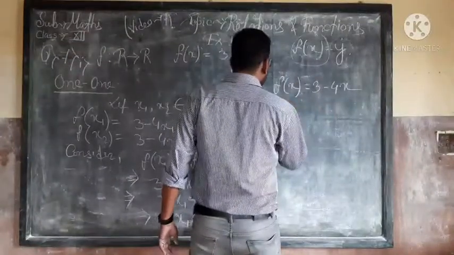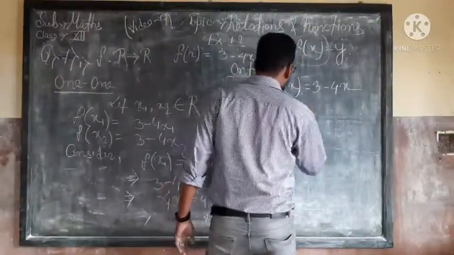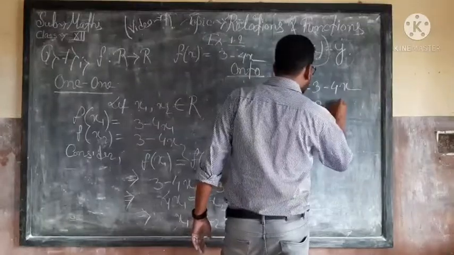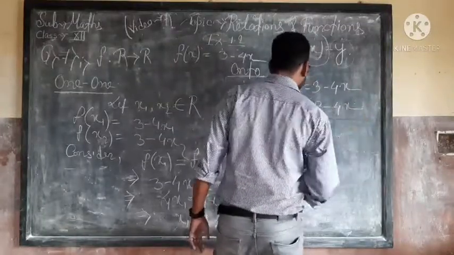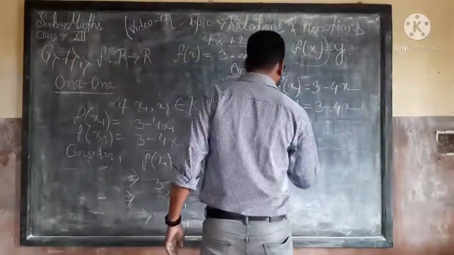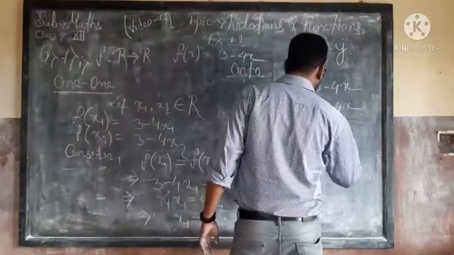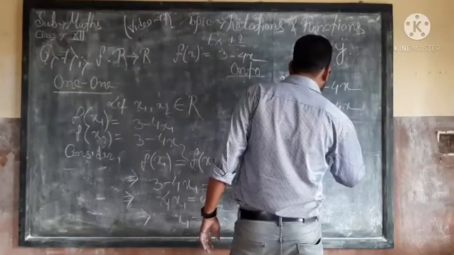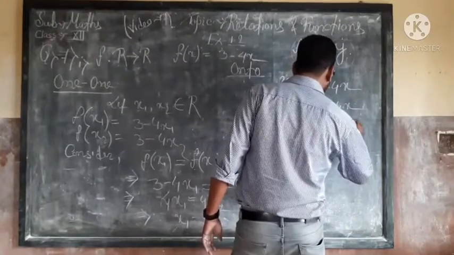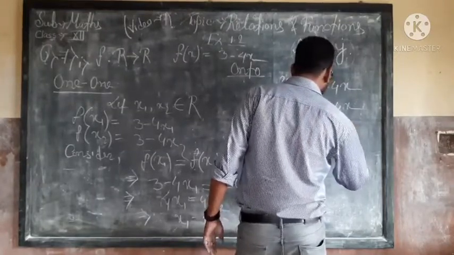So you can write y is equal to 3 minus 4x, and from this we can easily find the value of x, that is, 3 minus y by 4.